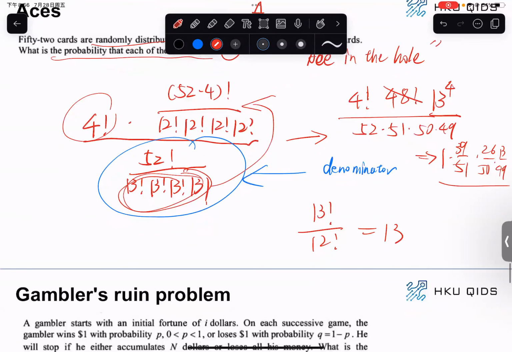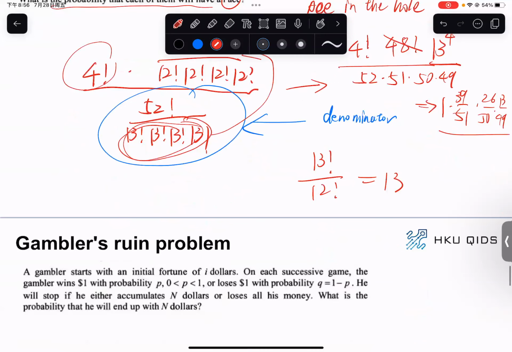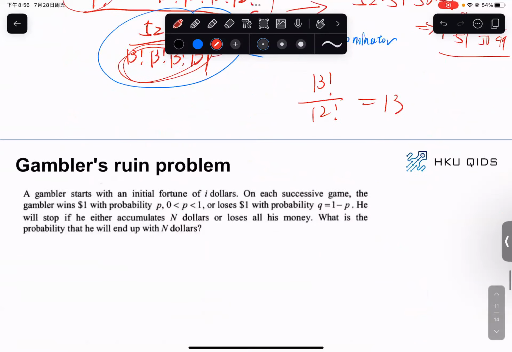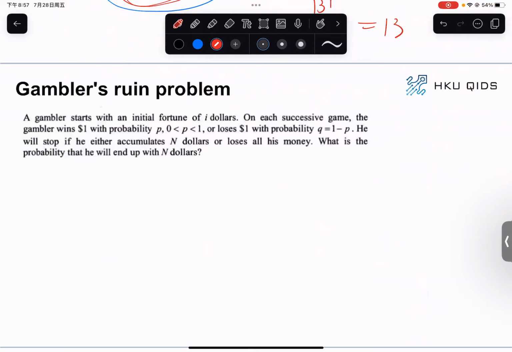Okay, now the next question is super famous: Gambler's ruin. There are a lot of variants of this question. If the interviewer wants to make it hard, it can be super hard. But this time we're only going to introduce the fundamental set. The gambler's ruin problem's classic framework is that there is only one gambler.